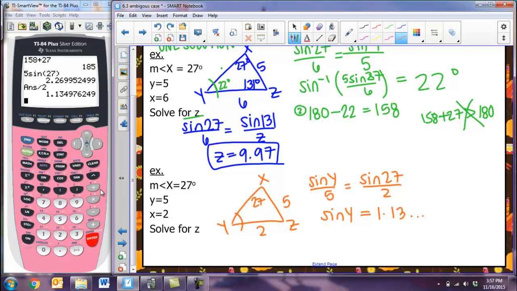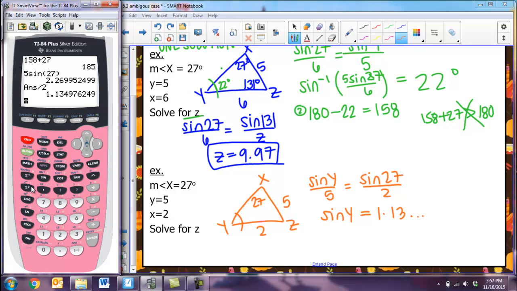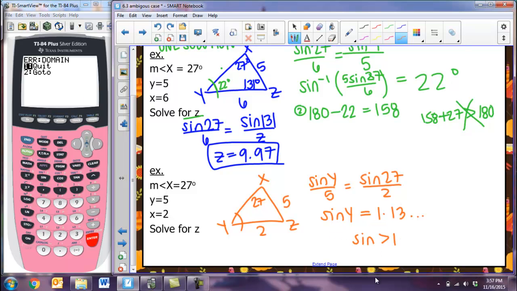My unit circle never goes above 1. And if I try to take the inverse sine of this in my calculator, it's going to yell at me and say, you can't do this. And so since you can't take a sine that's greater than 1, this triangle has no solution. There is no way to make this triangle work with any of the constraints that they've given me.